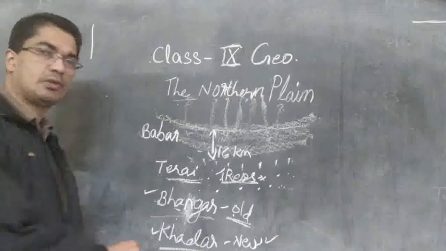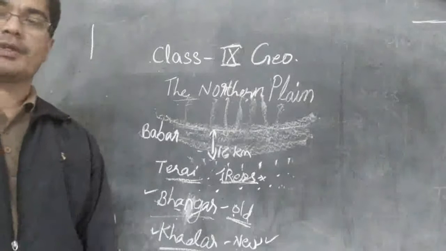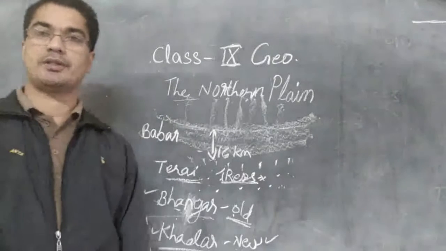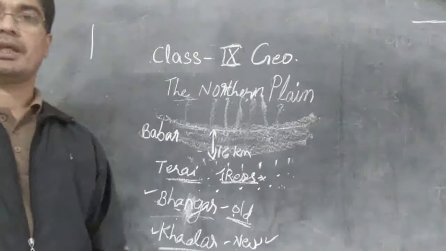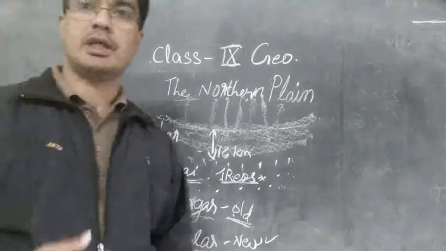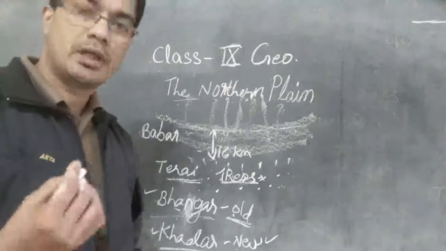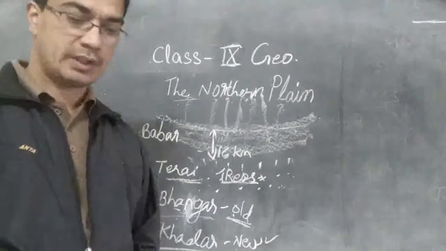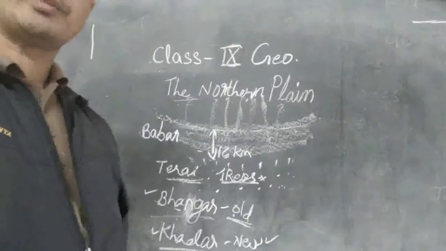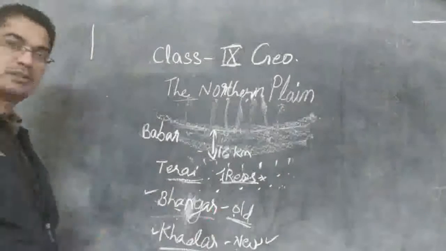Therefore, this Khadar soil is always used for intense cultivation. That area is cultivated again and again intensely, 2 times a year, 3 times a year, because they are able to get a good harvest from that. So that is about the northern plains. So remember these names and the locations and so on.